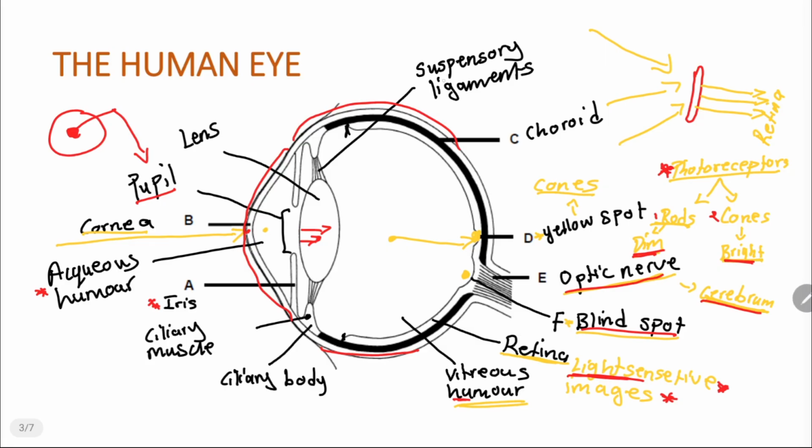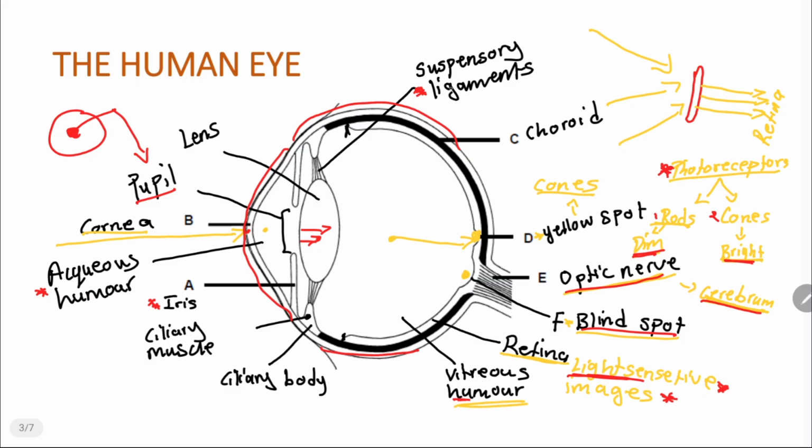So let's focus on the outer structures now. Now we've got this structure that is referred to as the suspensory ligaments. Now the function of the suspensory ligaments is simply to hold the lens in position, right? So the main function of these suspensory ligaments, they hold the lens in position. Now, when we discuss accommodation, accommodation is a process that describes how the lens is going to change shape depending on whether the object that we are viewing is distant or it is near.